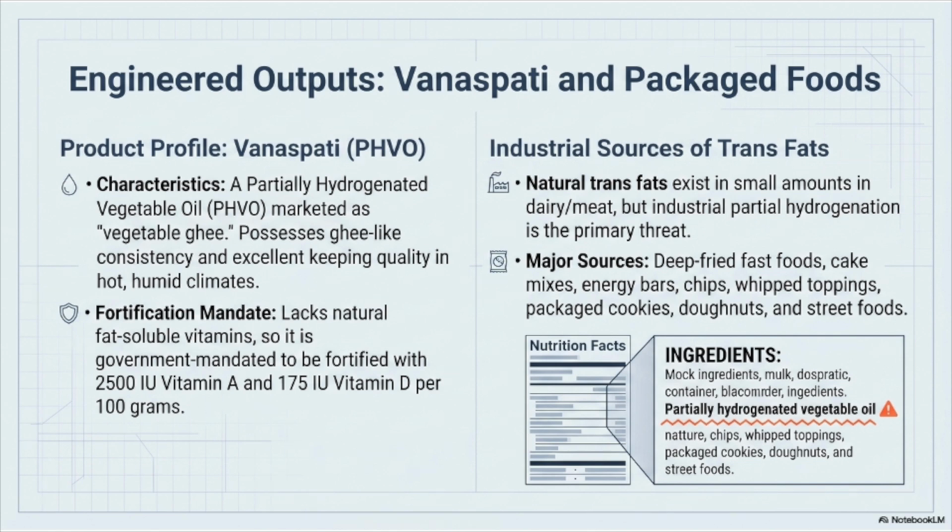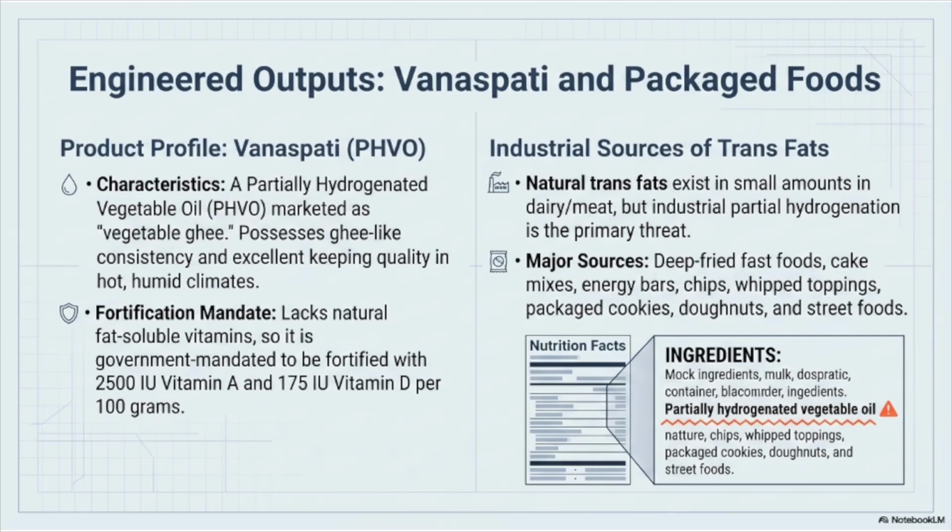Vanaspati, or partially hydrogenated vegetable oil, is marketed as vegetable ghee, and it possesses ghee like consistency and excellent keeping quality in hot, humid climates. However, since it lacks natural fat soluble vitamins, it is government mandated to be fortified with 2500 international units of vitamin A and 175 international units of vitamin D per 100 grams.